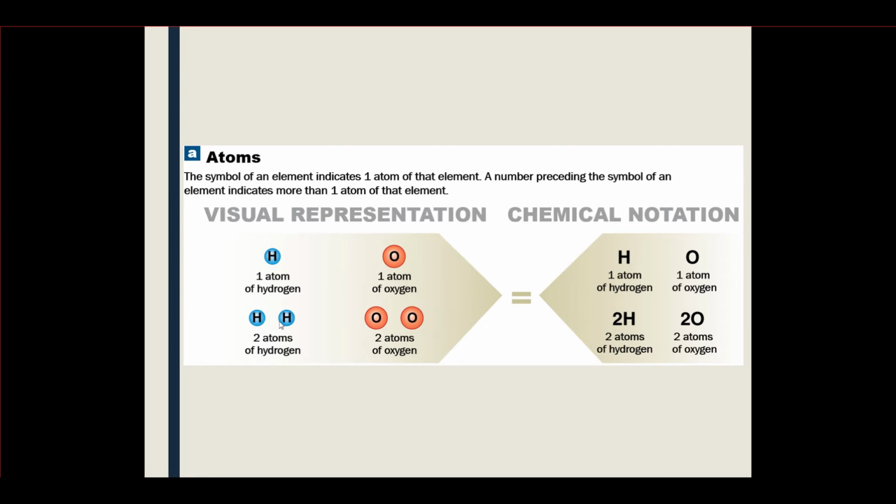They're just two individual hydrogen atoms. The way we'd write that is 2H. That tells us we have two hydrogens. On this side is the chemical notation, the chemistry way of writing things. Same thing with oxygen. One oxygen, we would just put O. Two oxygens, 2O. Four oxygens, 4O. That's how we write down atoms.